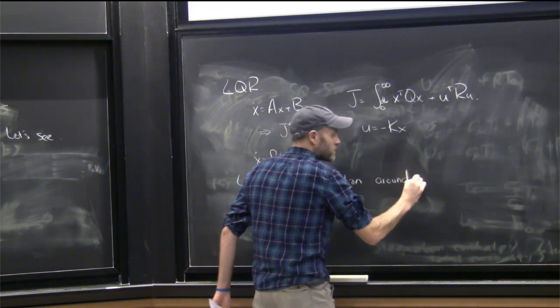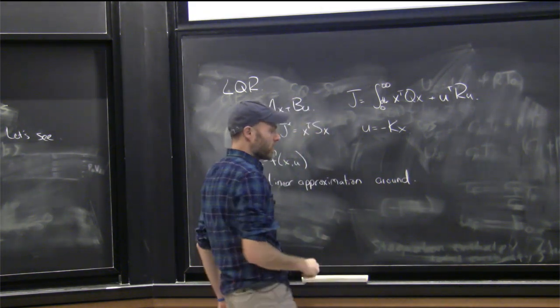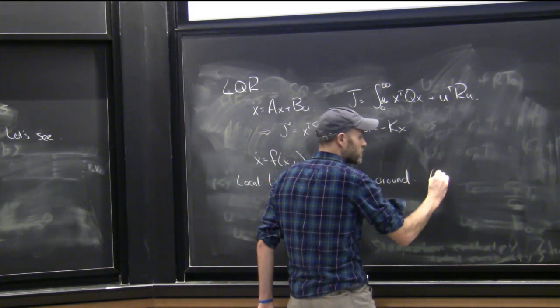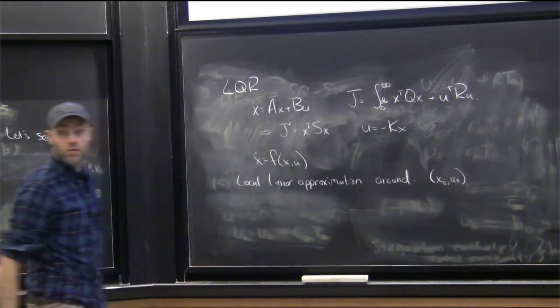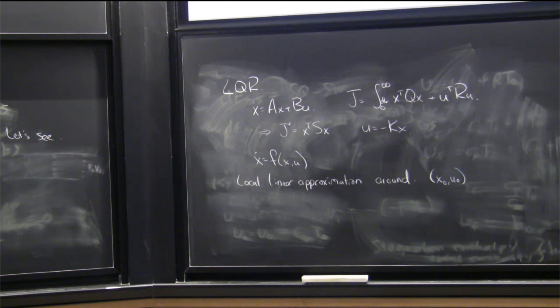Well, first I have to pick where in state space I'm going to approximate it. So let's call that some nominal configuration x0, u0. And then I can just take a Taylor expansion of the dynamics.